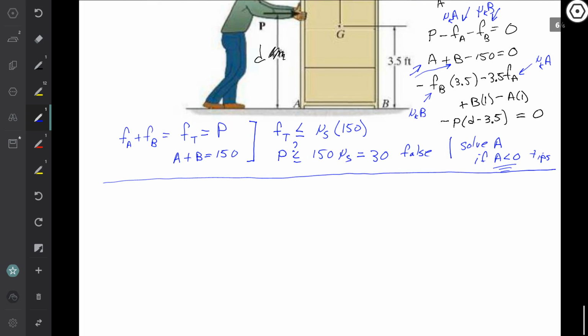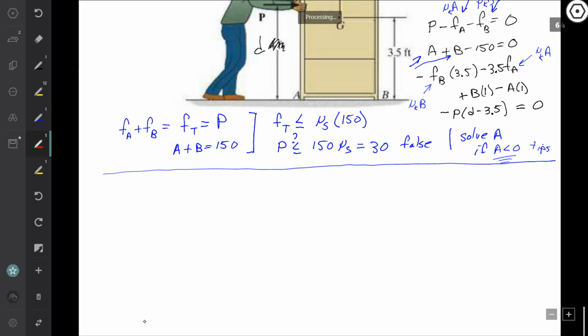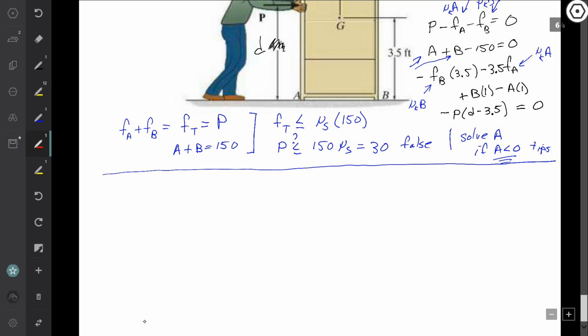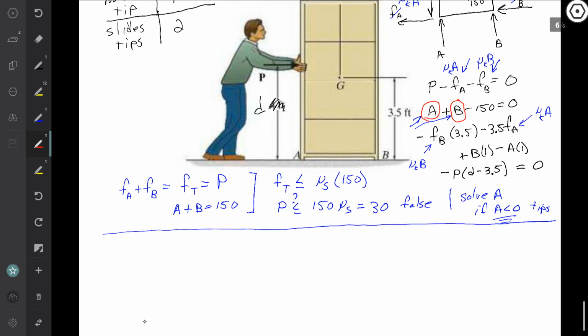Okay, so what are the unknowns here? Well, the unknowns are A, B, and the acceleration.